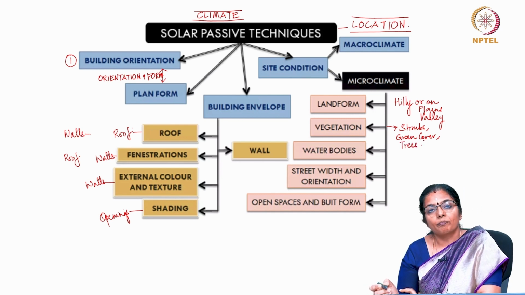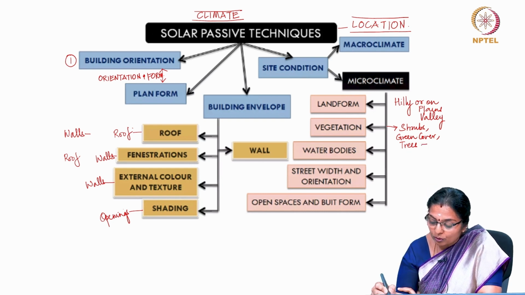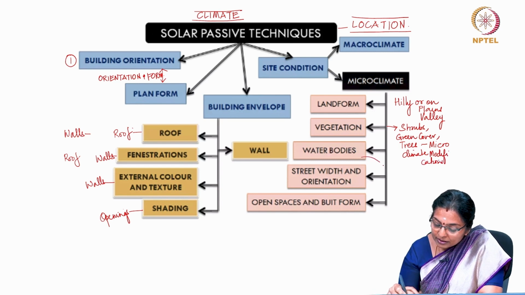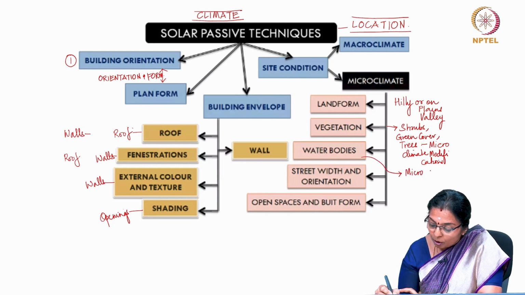It matters in altering the microclimate as well. In many ways it alters the microclimate, like channelizing breeze inside the building. So, the microclimate modifications happen. It is the same with water bodies. Water bodies can cause microclimate modification.